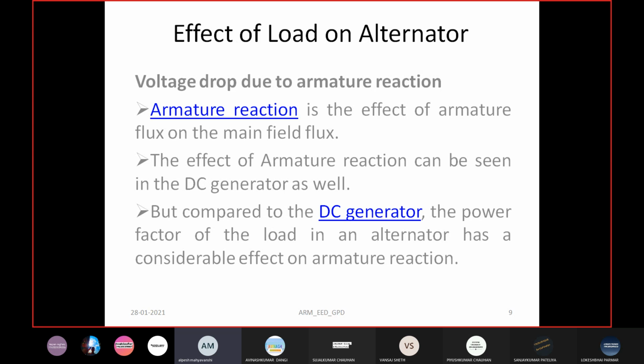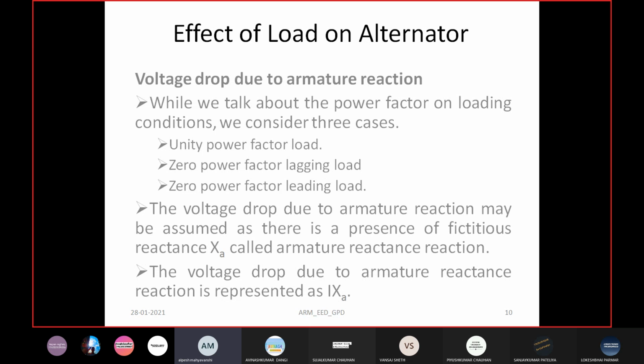But compared to the DC generator, the power factor of the load in an alternator has a considerable effect on armature reaction. In a DC generator there is no effect of the power factor of the load, but in an AC generator the armature reaction has a considerable effect due to the load on the alternator.